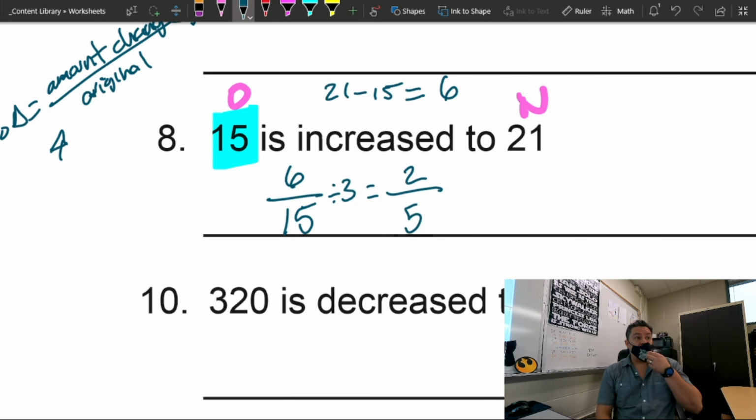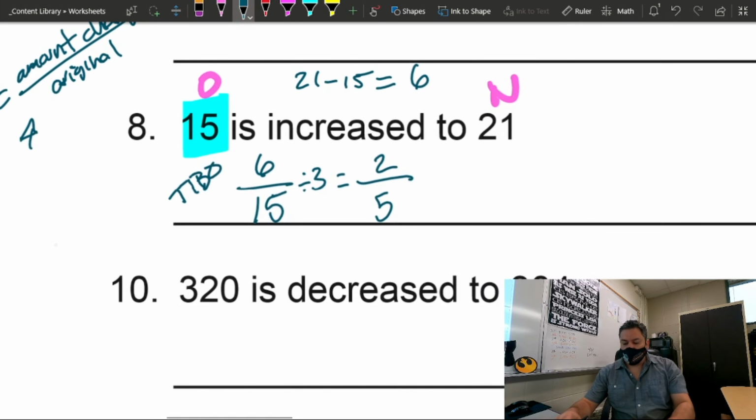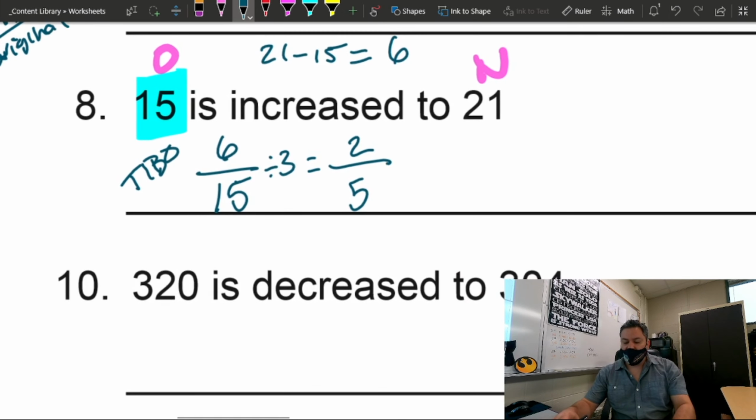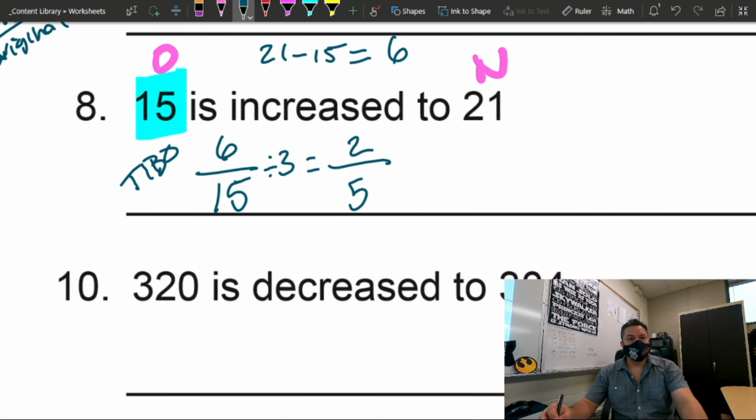Now, remember, you can do TiVo if you want to from the beginning. But I think dividing smaller numbers inside usually throws you off, right? Because now you're dealing with moving decimals, adding zeros, and all that good stuff. You can do it. However, I think this is going to be faster. Now, let me show you a trick. If you look at the denominator, is there any way we can turn 5 into 100? Yes. By multiplying by what? 20.